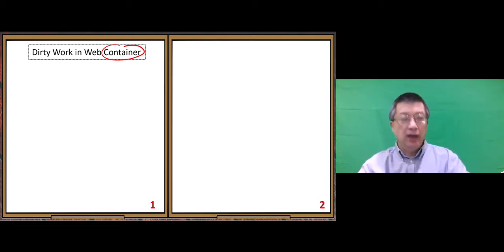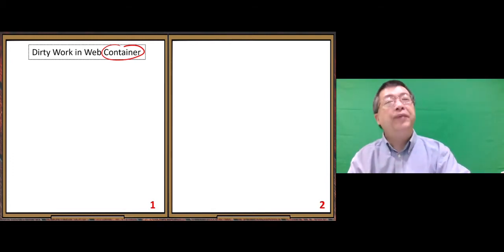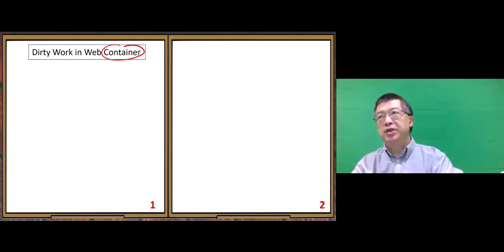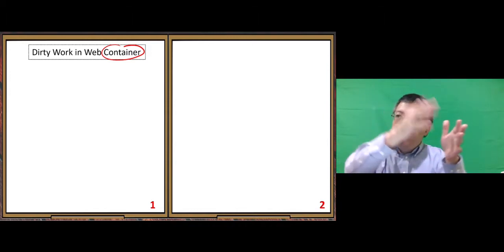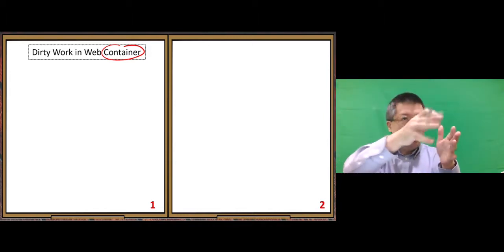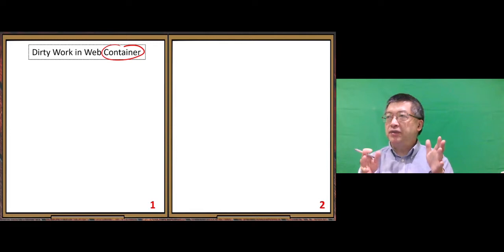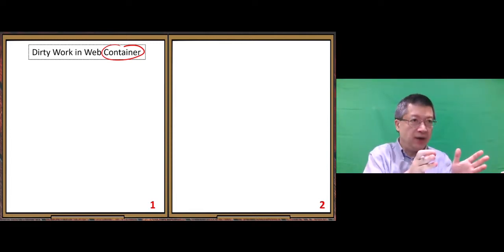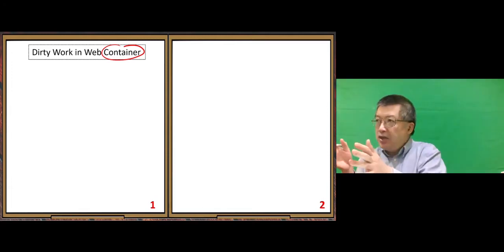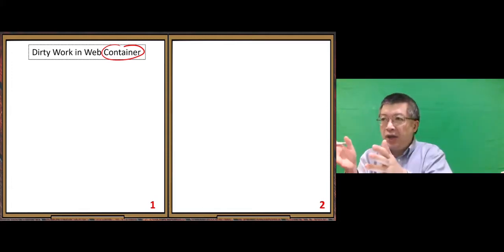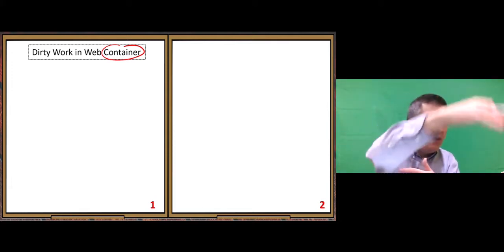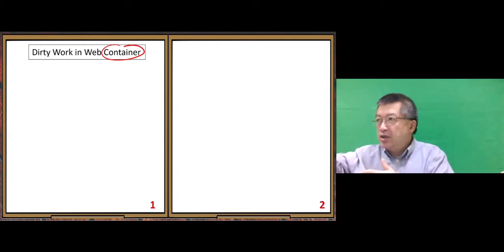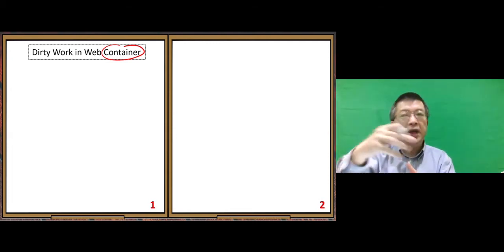All right. So for our web technology, we use many different containers to run different technologies. For servlet technology, we use a servlet container. For JSP technology, we use a JSP container. Later, we can add new technologies, so we will use new containers.